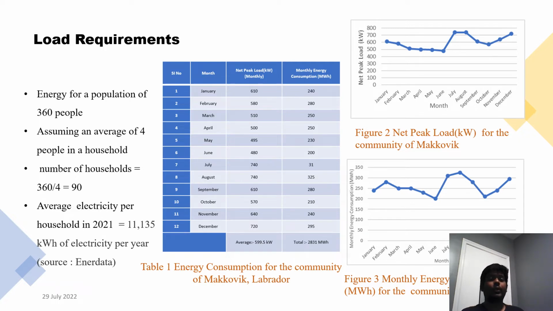From that value, we can calculate the annual energy requirement for the whole community of Makkovik, which is depicted in Table 1. We can also determine the net peak load in kilowatts and the monthly energy consumption in megawatt hours from Figures 2 and 3, as shown in this slide.